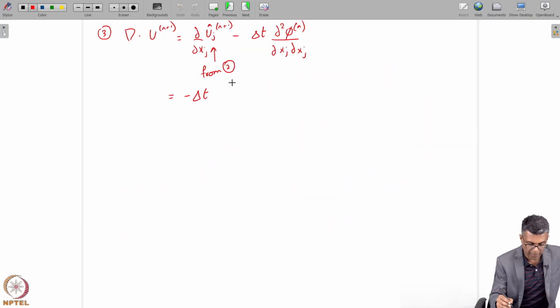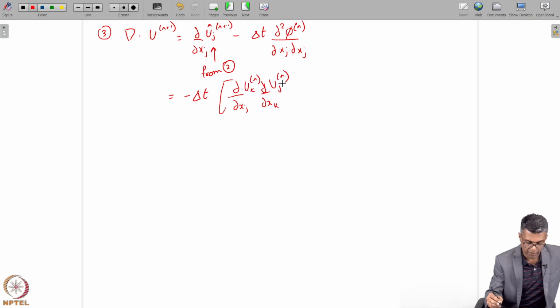So minus delta t del xj of uk of n, and then del xk of uj of n, and then I will have plus del squared phi of n del xj del xj.